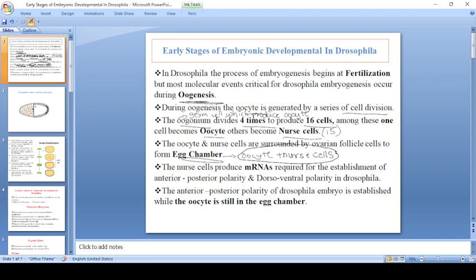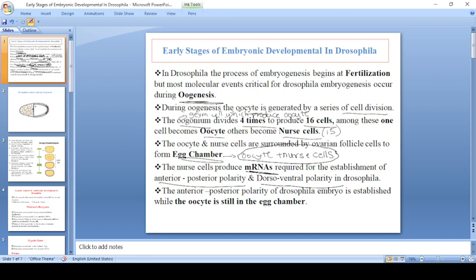The nurse cells produce mRNAs required for the establishment of anterior-posterior polarity and dorsoventral polarity in Drosophila. The function of the nurse cells is that they produce the mRNAs which are involved in the recognition of the anterior-posterior polarity and dorsoventral polarity.